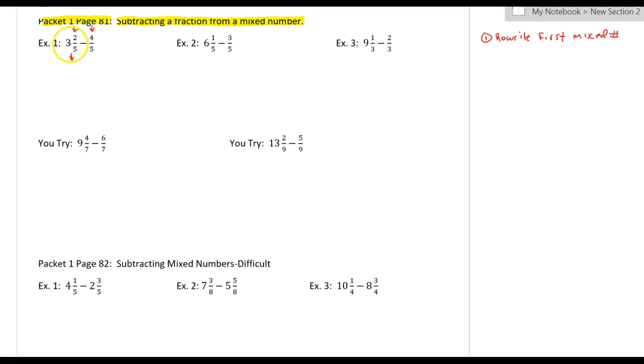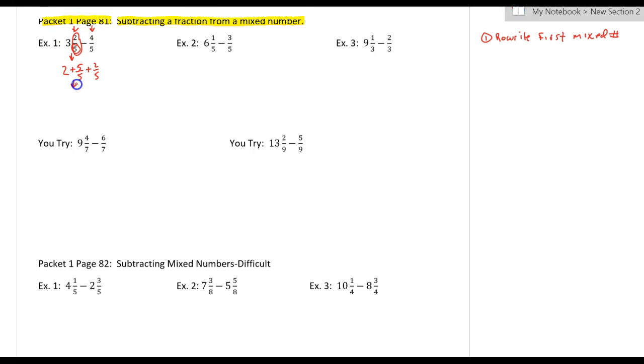We're going to subtract 1 from 3 to get 2. And remember, we're going to add that whole number, which is 5 over 5. So we're taking this denominator and putting 5 over 5 because that's equivalent to 1, and 2 plus 1 is 3. Then we're going to add the 2/5.